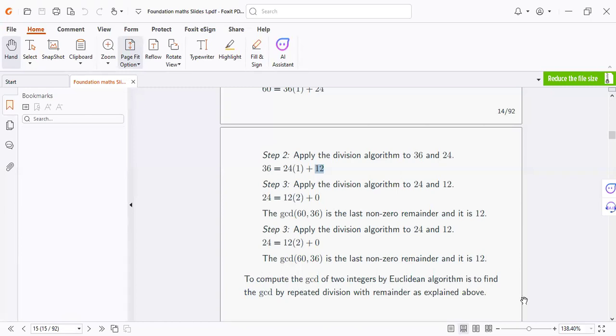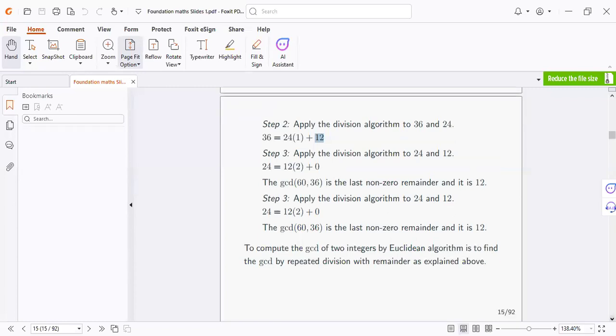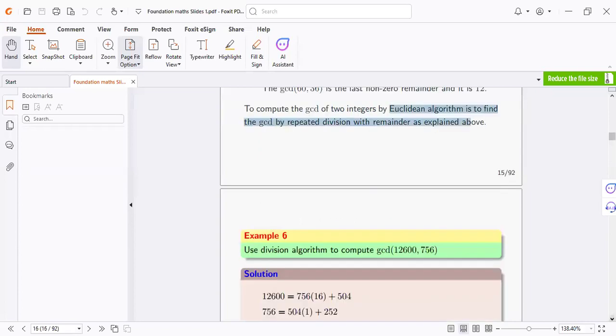That's the Euclidean algorithm. What I was explaining is the extended Euclidean algorithm. The Euclidean algorithm is the process of finding the GCD by using repeated division, but the reverse is something else that we will go to.